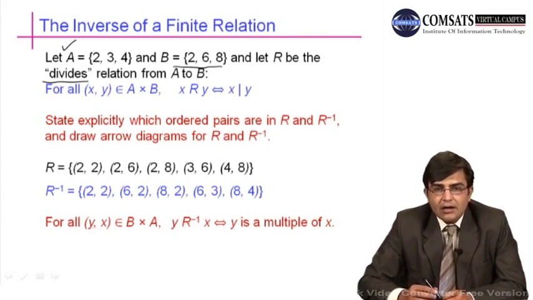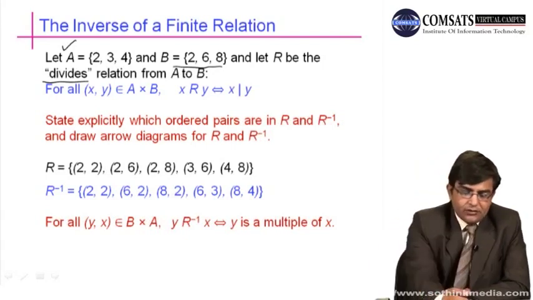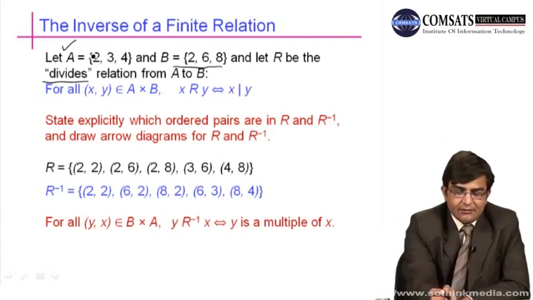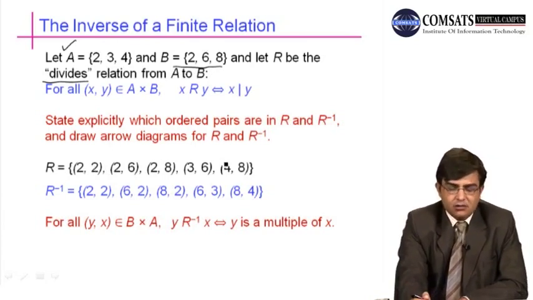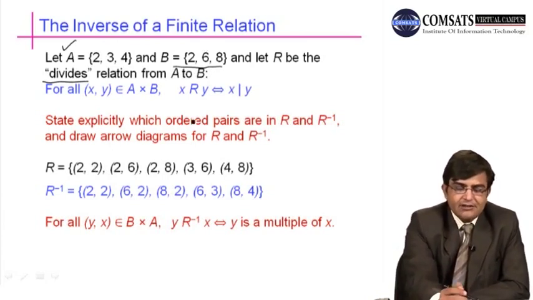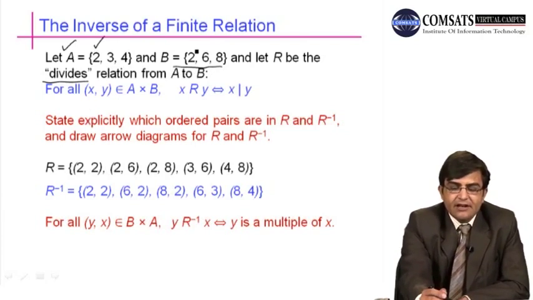How can we write the elements of R and the elements of R inverse? First, we shall write the elements of R. The elements of A which divide an element of B, we write in the relation R in the form of ordered pairs. We choose the first element. Does it divide the first element of B? Yes, so we write the ordered pair 2, 2 here.